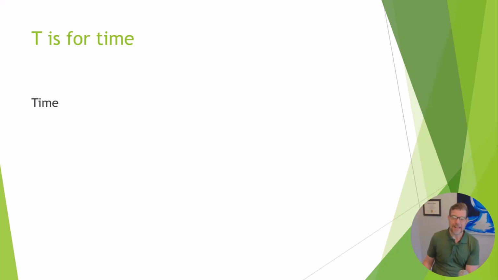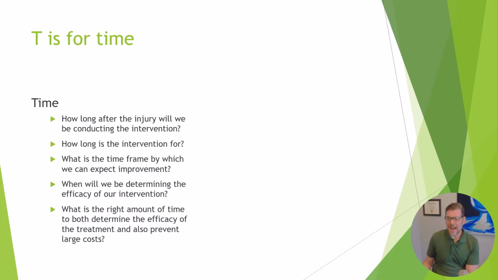The fifth is time. So time is this element that tells us how long I am actually going to be giving the treatment, or how long I think it's going to take in order to actually get an effect. So how long after the injury will we be conducting the intervention? For example, stroke: if we did it immediately after stroke, we might get no effect at all.